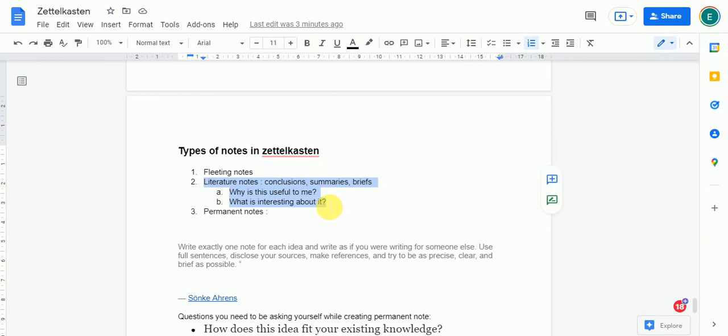Literature notes, you write them after attending a conference, studying something or listening to some other third person. And after that, permanent notes are always connected notes. After writing fleeting notes and literature notes, you can always create a new note that's already connected to the information that you already know. This is how you create all these 3 types of notes. Feel free to let me know if you have any questions. Thank you.